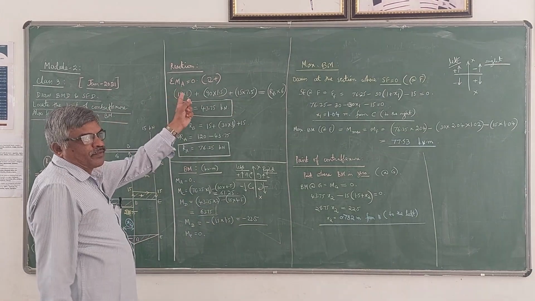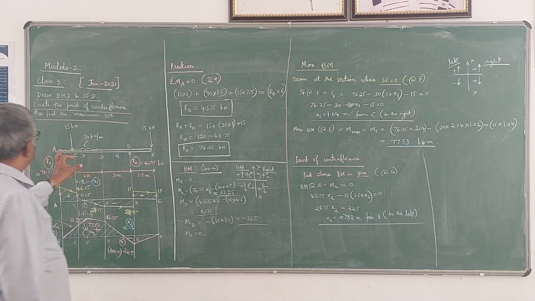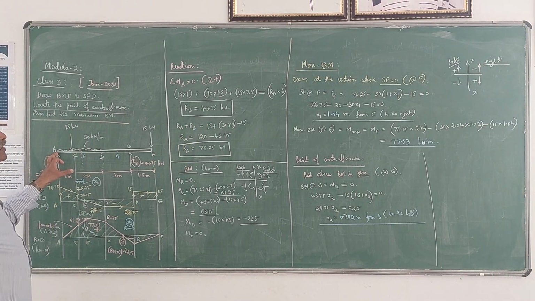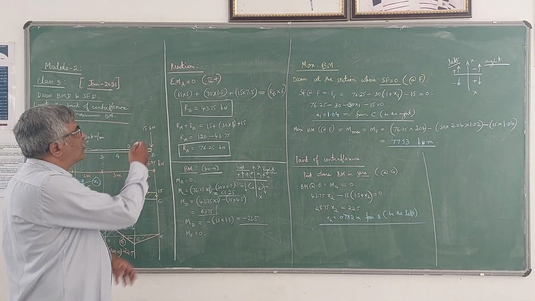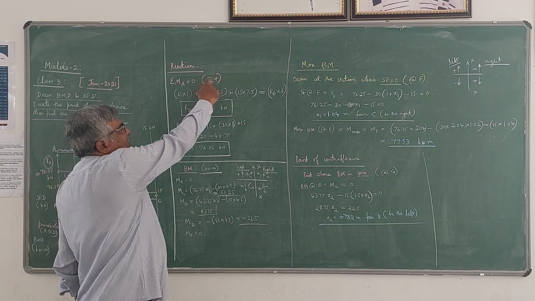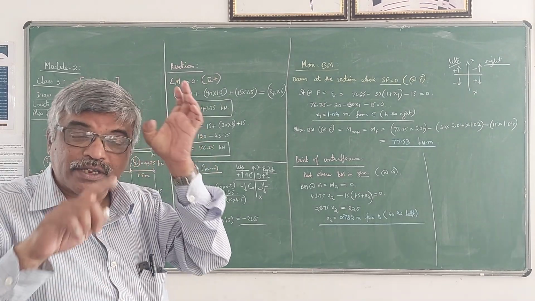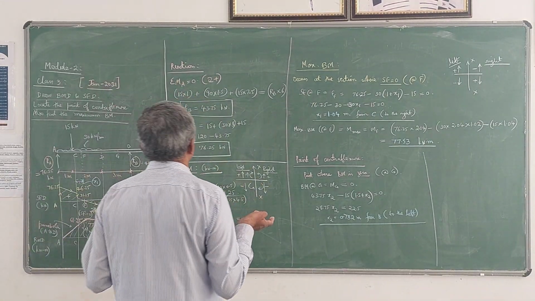First I have used the moment equation. I am taking the algebraic sum of all the moments about the support A as 0, one of the end supports. For that we need a sign convention. Normally we take clockwise moments positive and anti-clockwise moments negative.